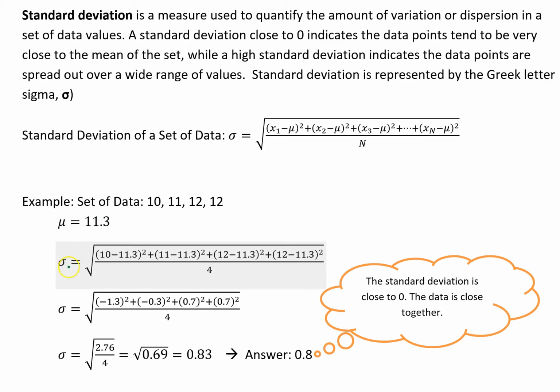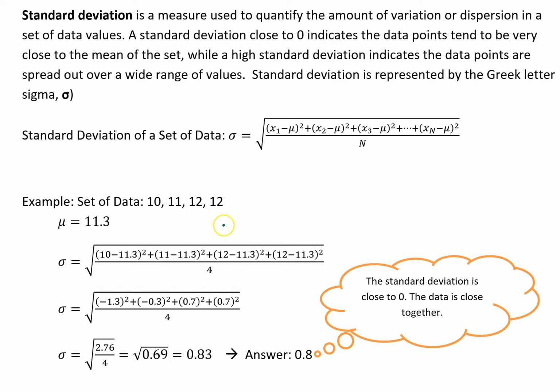So to calculate the standard deviation, I take the first data value of 10, subtract the mean from it, and find that it's a difference of negative 1.3. That will be squared on technology. I take the second data value, which is 11, subtract the mean, and find that it's negative 0.3.